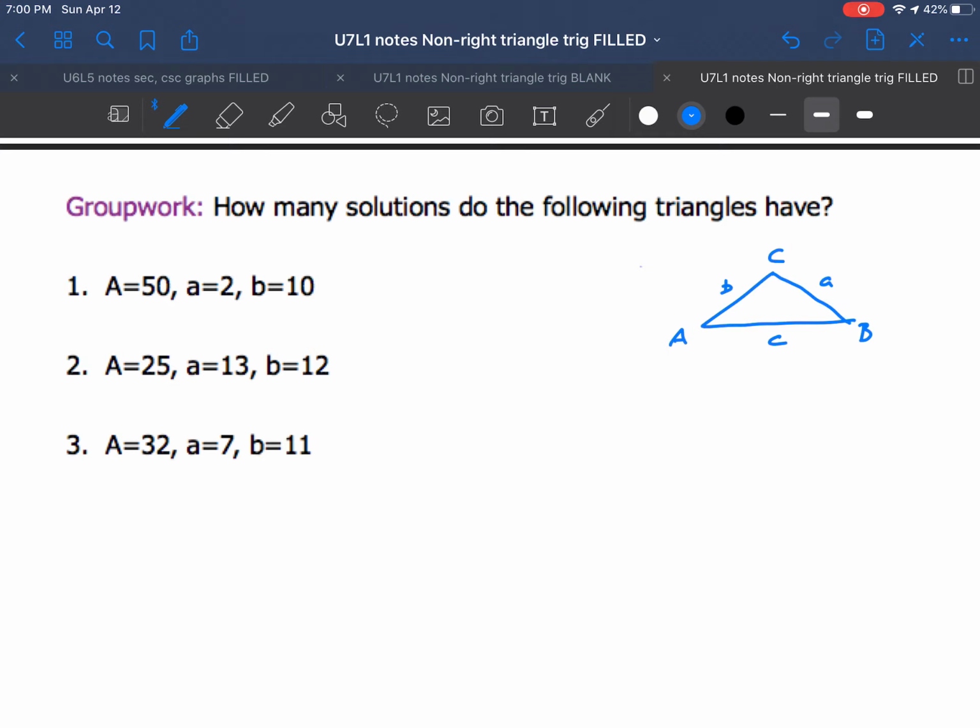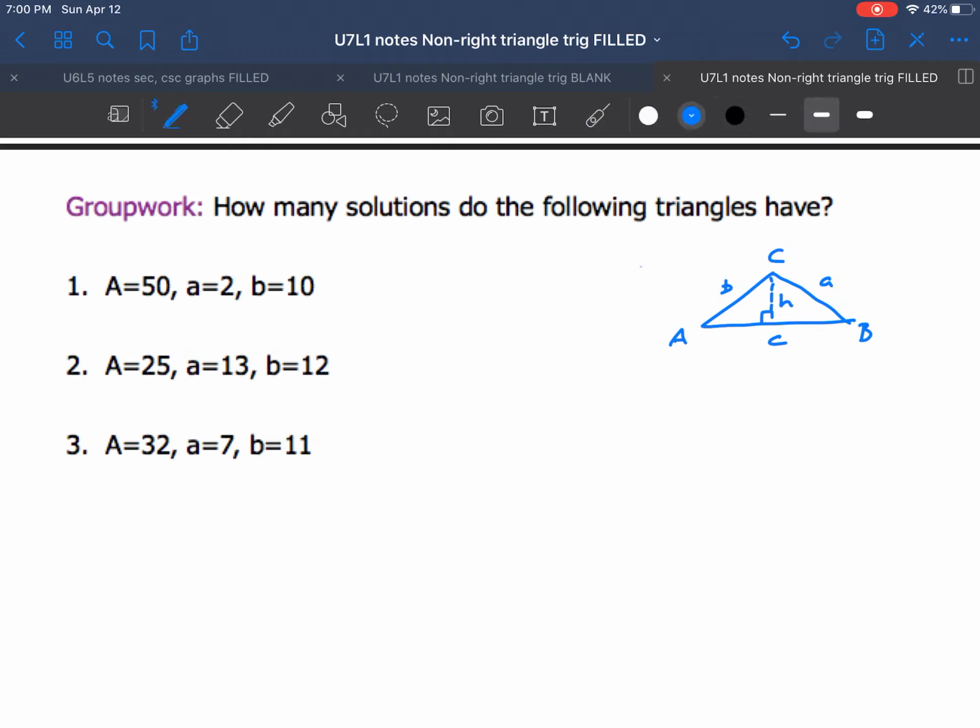The first is if side A here actually drops straight down, so it's not drawn like that. It drops straight down and it forms a 90-degree angle right there. That's only going to happen if A is equal to the perpendicular height.